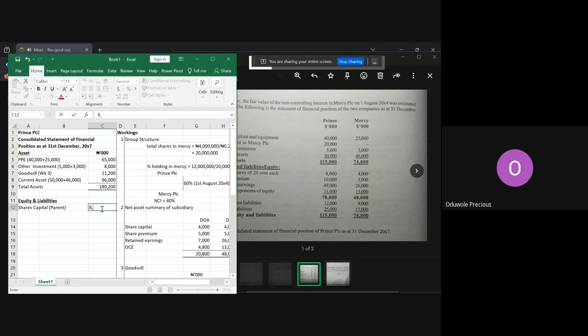No addition. The same thing goes for the share premium also. Share premium, also parent only. That's how much? That's 10,000, right? 10 million, yeah.